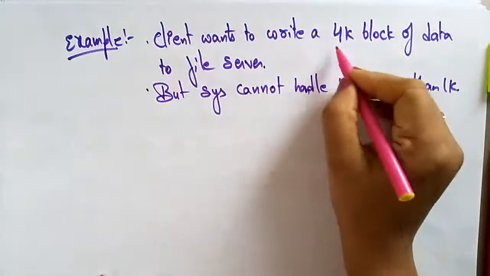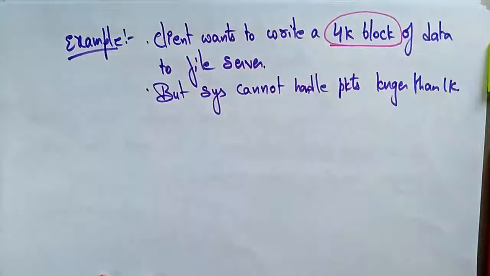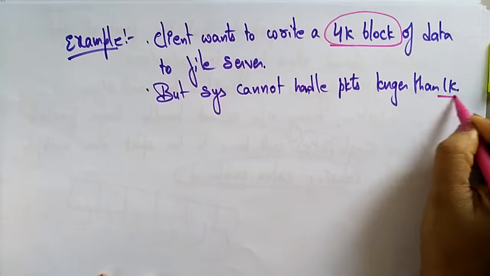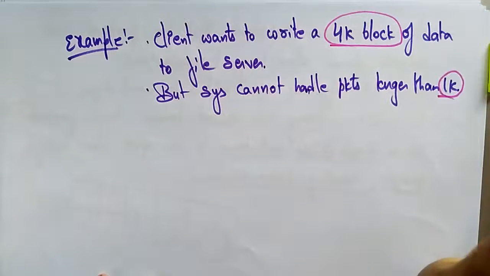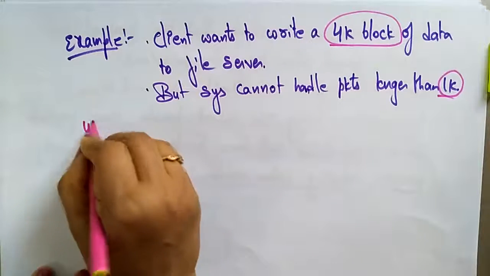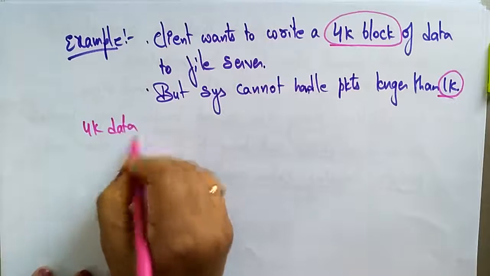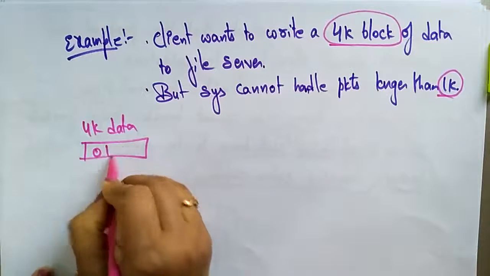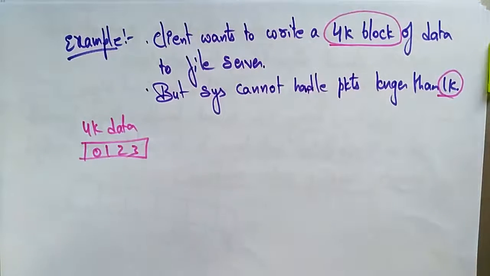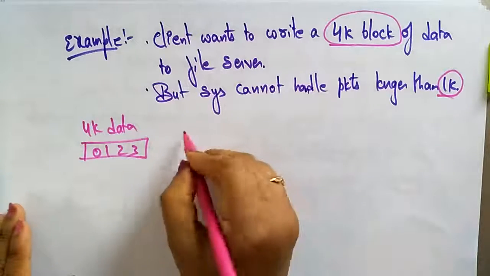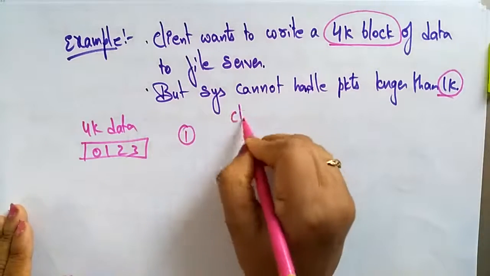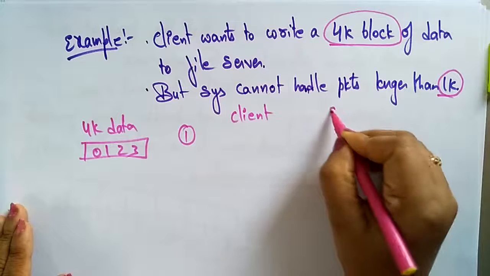The client wants to send a 4K block of data, but our system will handle only up to 1K. Okay, so the 4K of data, let's take 0, 1, 2, 3. So this is the 4K of data. So for the first method, let me take the client here and the server here.